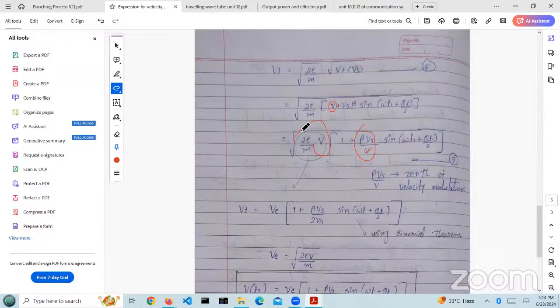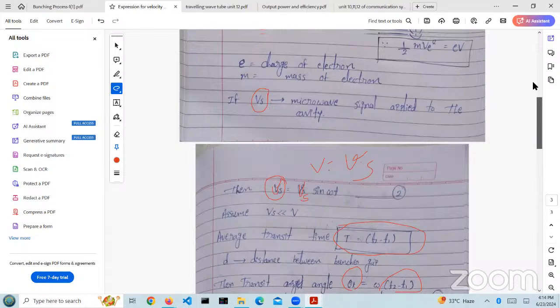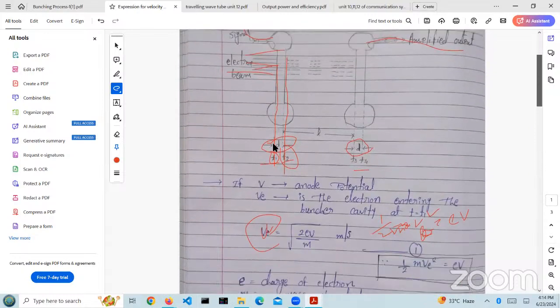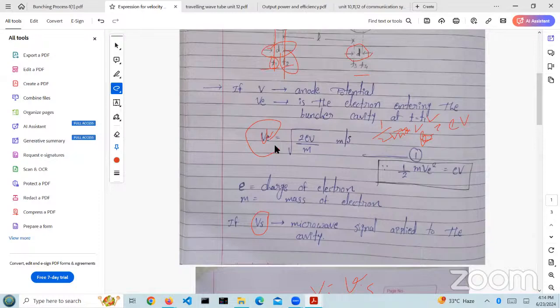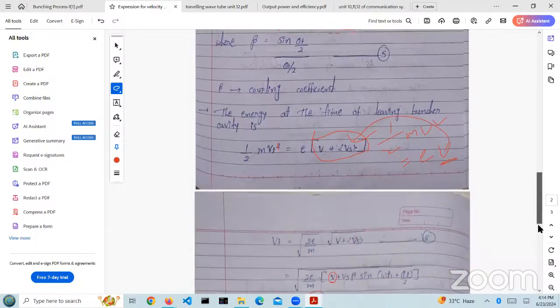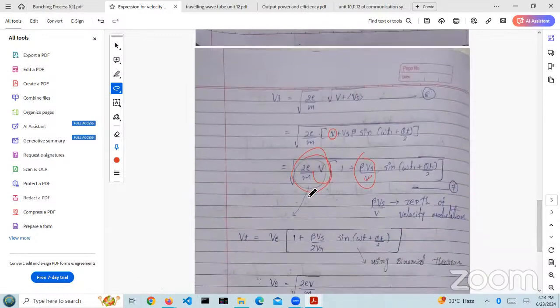In the beginning we wrote VE: VE equal to under root of 2EV by M. That 2E by M is substituted here, and I am writing that as VE times 1 plus beta Vs by V, a binomial expression. In velocity I am taking 2 times the radial velocity, total velocity as 2 times the radial velocity plus sine.